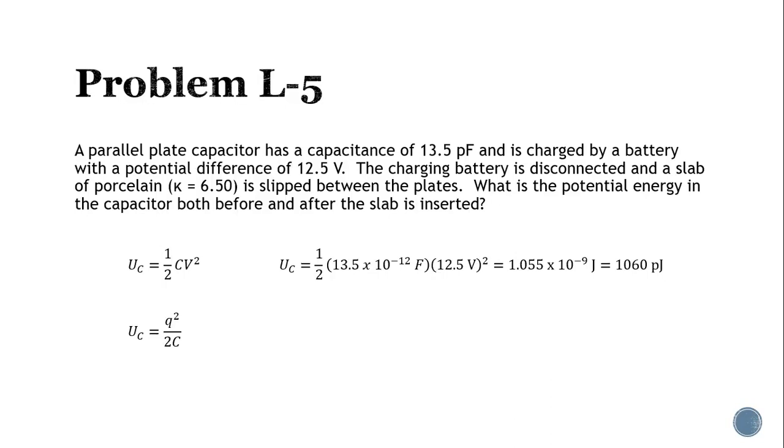The charge will remain constant in this case. We know how charge and capacitance relate to one another, and I know how the capacitance is going to change. It's going to change by a factor of kappa. And so what's going to happen is we divide our initial potential energy by the dielectric constant.